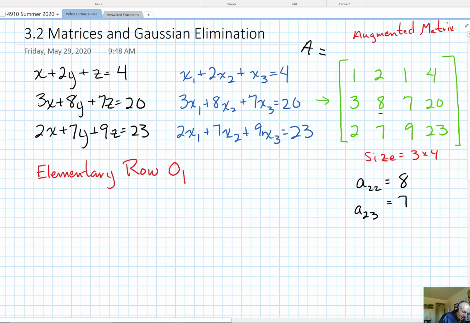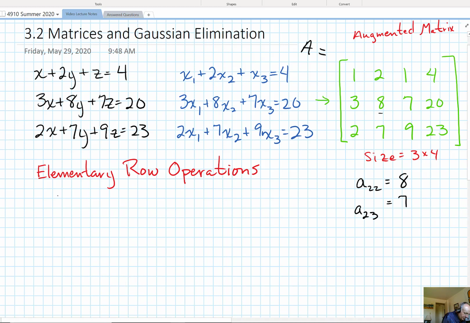These are things that we can do to the matrix that do not change the solutions, or that give us an equivalent matrix. They do not change the solutions if it's a system, right? Sometimes we just have matrices that don't come from systems, that are just mathematical objects in and of themselves. We can perform these elementary row operations and still get equivalent matrices. Okay, so here they are.